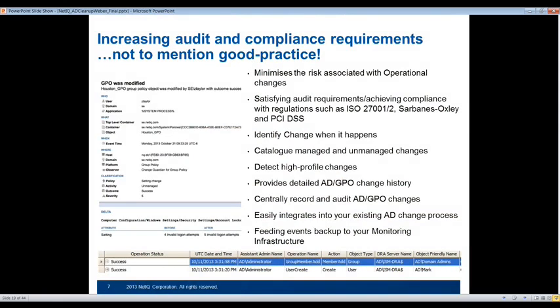However, once in a while, you see customers that primarily buy an audit solution for good practice. It allows them to see what's actually happening in their Active Directory, but generally, that good practice perspective is a side benefit to the reality of requiring a solution for compliance benefit.